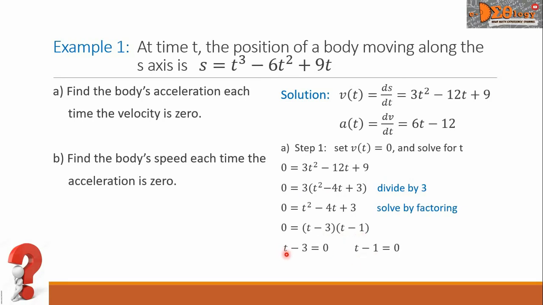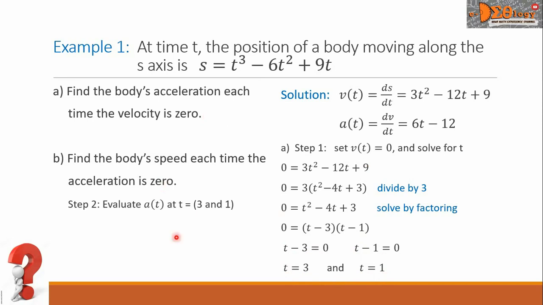So we have t minus 3 equals 0 and t minus 1 equals 0. Solving for t, we have the values t equals 3 and t equals 1. These are the values of t when velocity is 0.